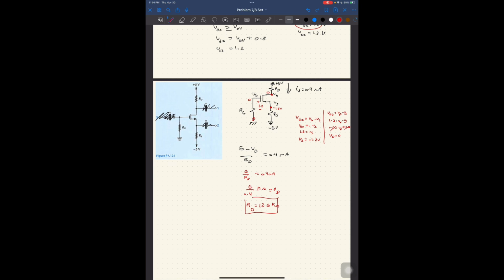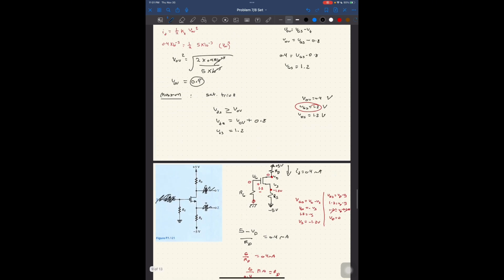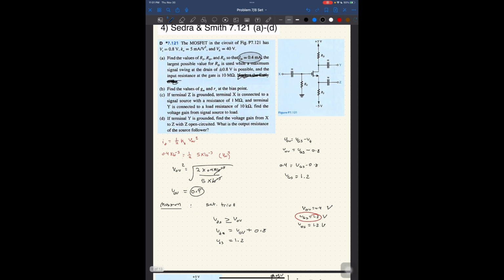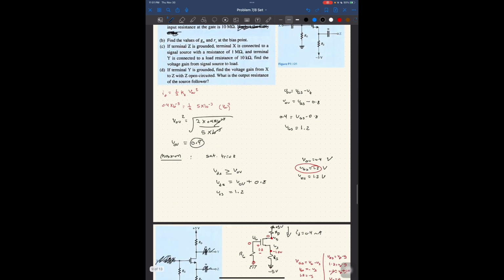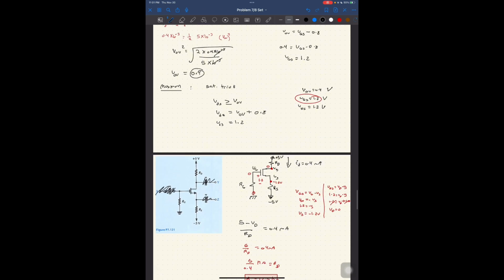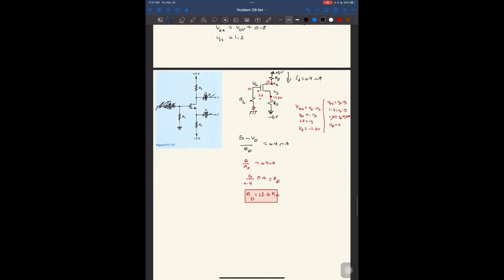Solved. Now, what's the second part? The second part is, what is RG? Okay, and what is RS? Okay, can I find RS?